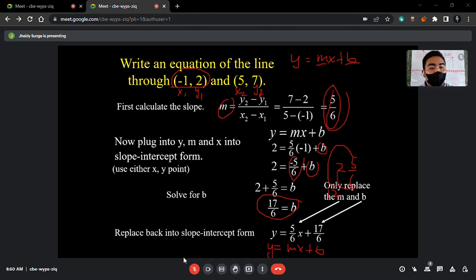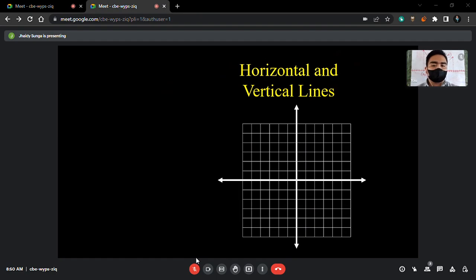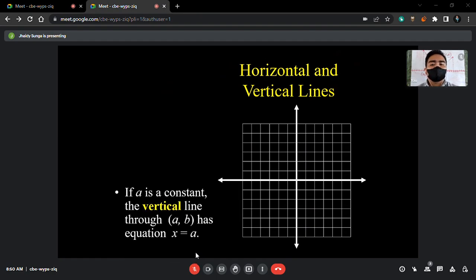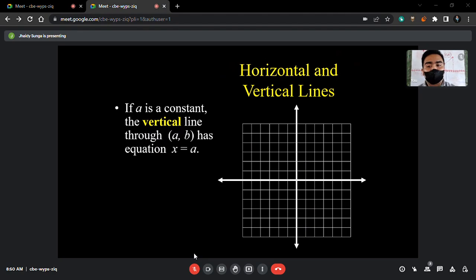Okay? Alright. So, from the horizontal and vertical lines, always remember that if a is a constant, the vertical line through a and b has the equation x is equal to a.